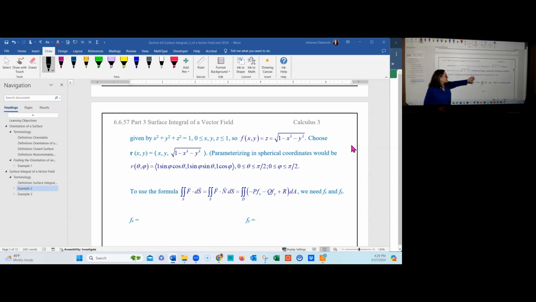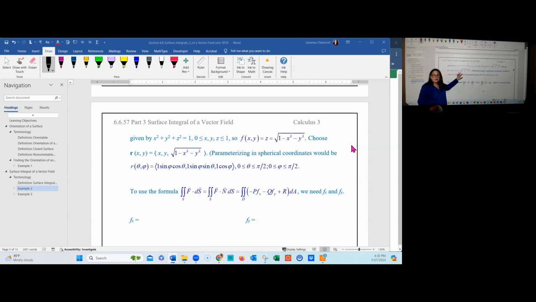How did I get the equation Z equals the square root of 1 minus X squared minus Y squared? Well, a sphere is given by the equation X squared plus Y squared plus Z squared equals 1. But I know that when I'm looking at this 1/8 of a sphere, the portion in octant 1, X is always positive, Y is always positive, and Z is positive as well.